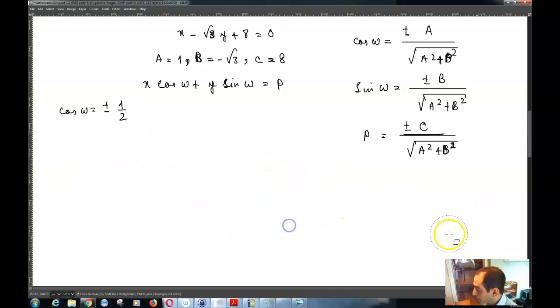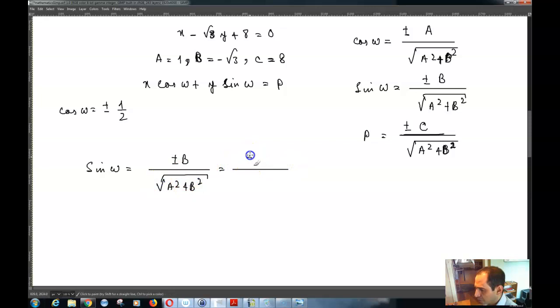Now your sine omega is equal to plus or minus b over the square root of a squared plus b squared, and that is equal to plus or minus negative square root of 3 over the same thing, which was the square root of 4, which is equal to 2.